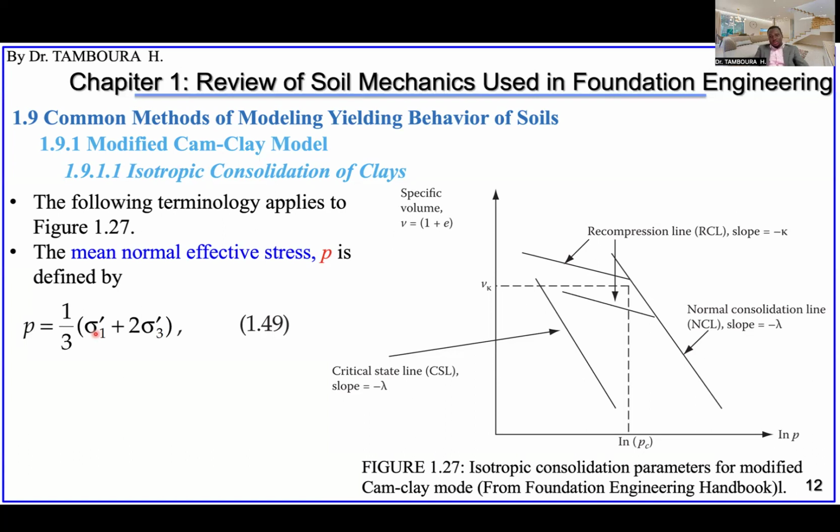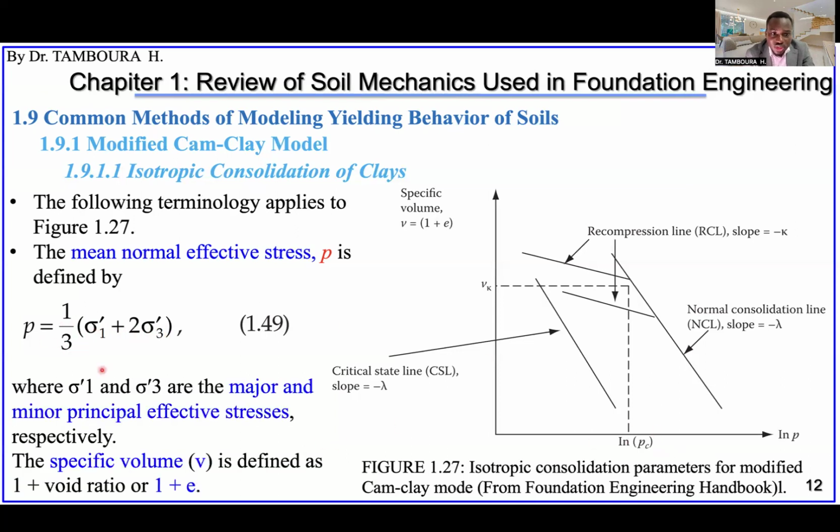When you do a triaxial test, sigma 1 and sigma 3 are the stresses in the 3 directions, the main principal stresses. So you add all of them and divide the sum by 3. This is the P here. Okay, so sigma 1 and sigma 3 are the major and minor principal effective stress.